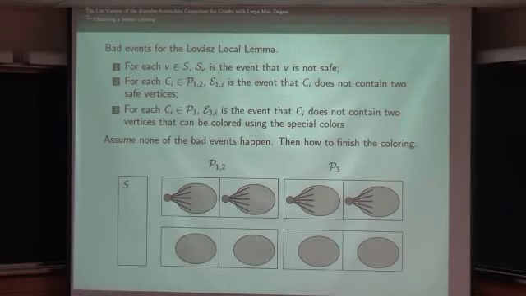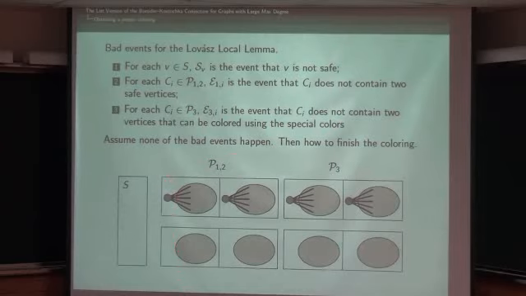So let S sub V be the bad event that V is not safe. And also we want to force 2 safe vertices in each clique. So let this event be the event that this clique does not contain 2 safe vertices.